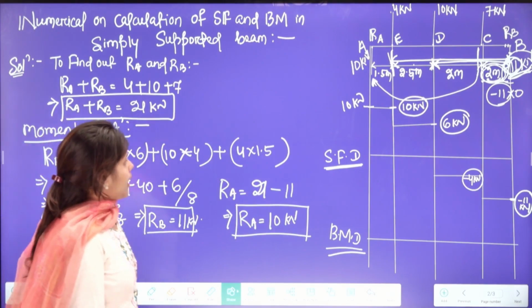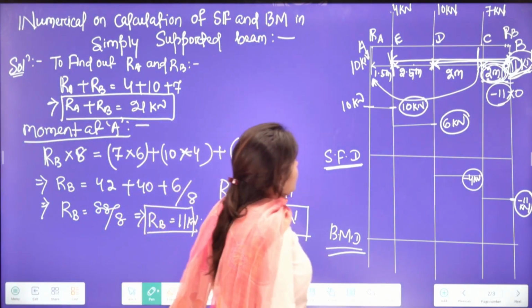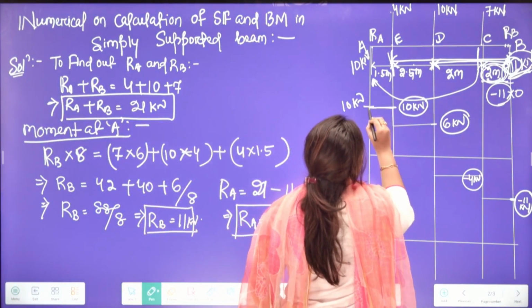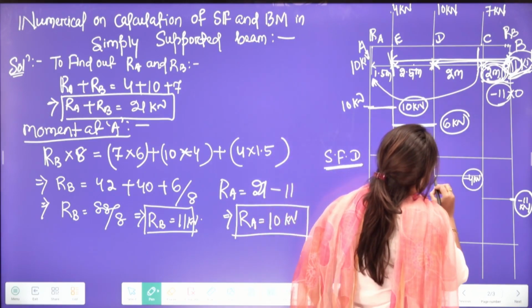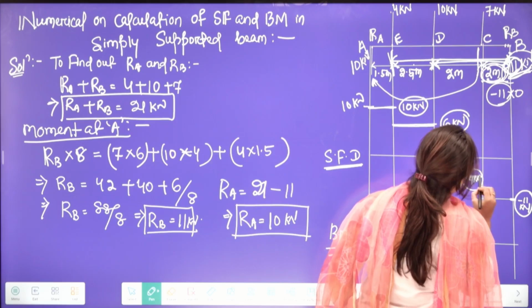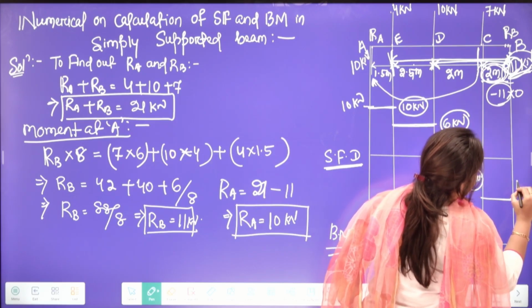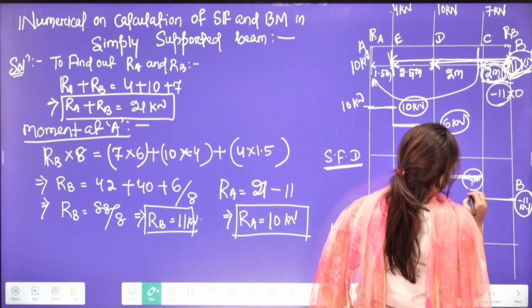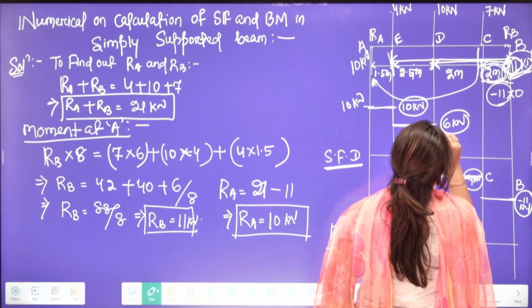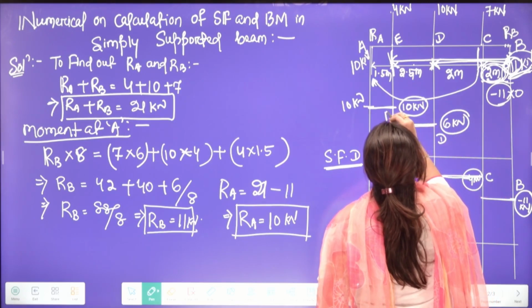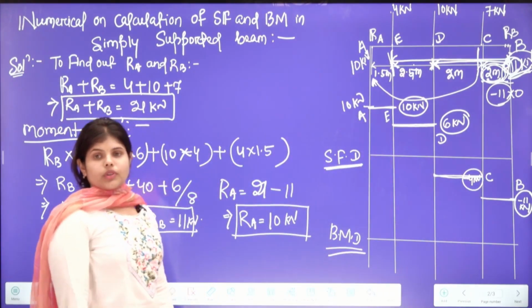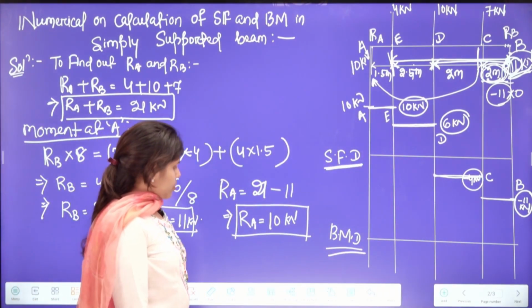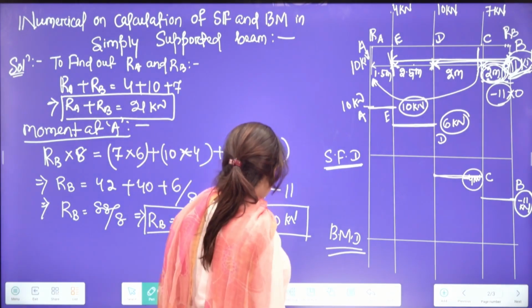Okay. As this is the shear force diagram for simply supported beam, so we will have simple line. Okay. This for B, here C, you can write D, E and A.